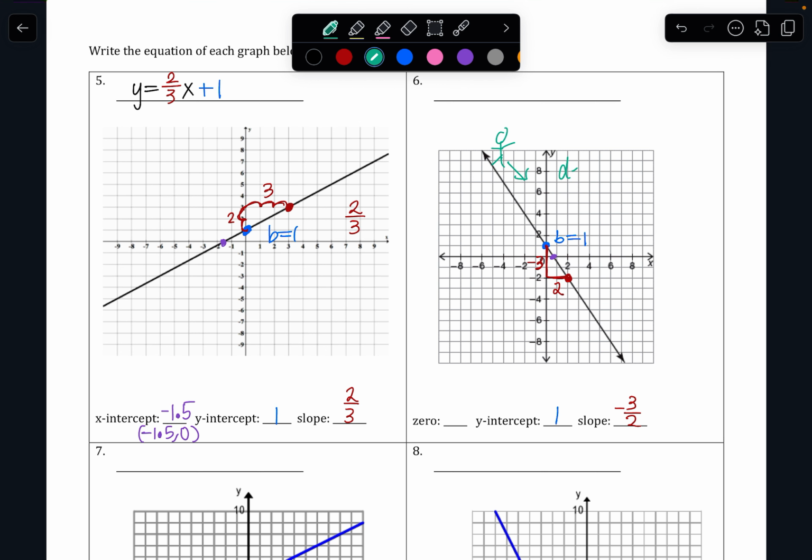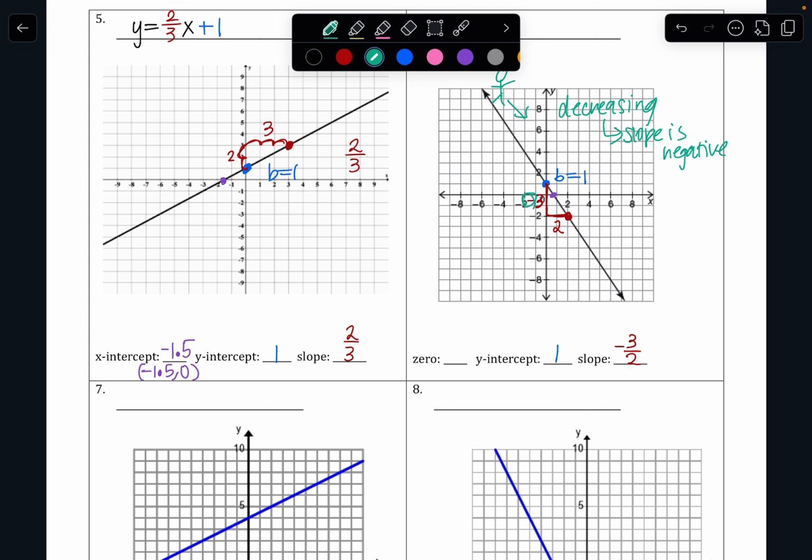I know it's decreasing. So slope is negative. Okay, and so down is negative. Okay, here we were increasing. Slope should be positive.